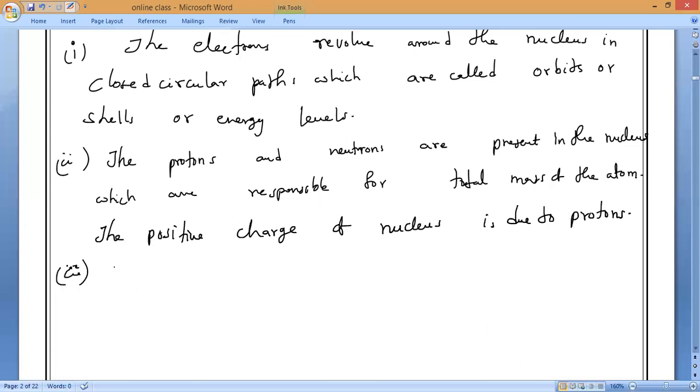So that is the third point, right? Each orbit has a fixed amount of energy.